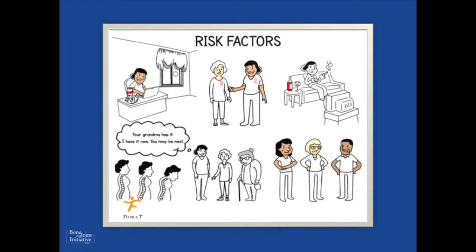Lifestyle factors such as smoking, excessive alcohol use, or a sedentary lifestyle can put someone at risk. Also, our age, being older, our sex, being female, or our body size, having a lower body weight, can put us at risk. Family history is also important, as this can be passed on from generation to generation.